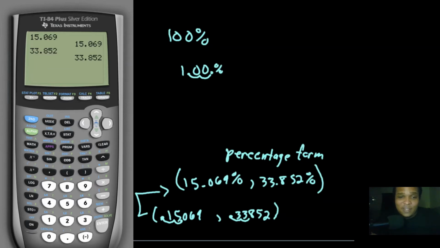Anyway, one decimal place. Your lower is going to be 15.1, and the upper is 33.9. And that's it. Fantastic.